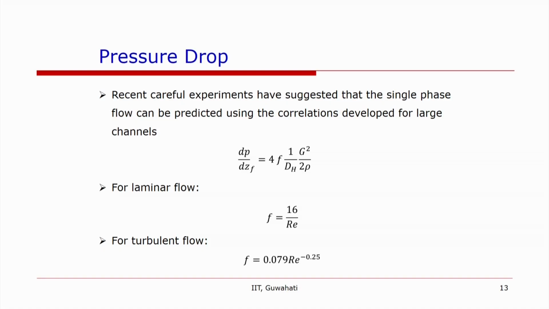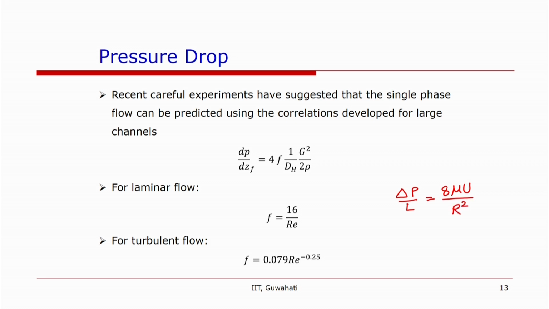So, let us look at it: for a laminar flow in a channel, the pressure drop can be defined as delta P over L is equal to 8 mu u over r squared.